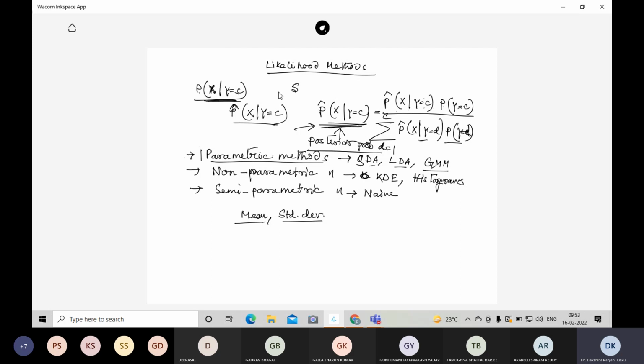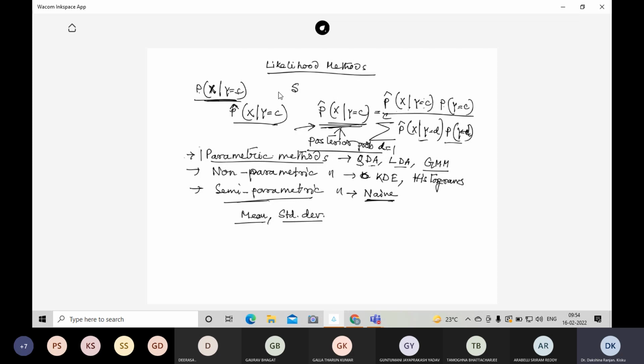But in semi-parametric method, we can use both parametric and non-parametric assumptions. We can make assumptions like parametric method, or not make any assumption like non-parametric method.